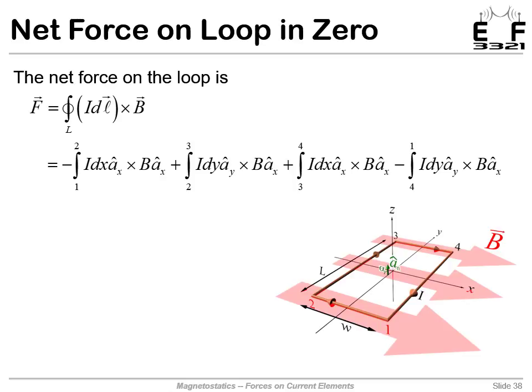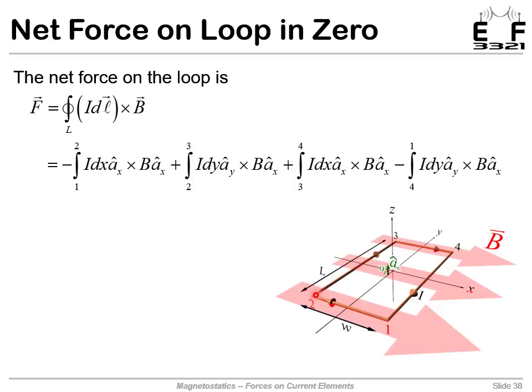So first we're integrating from 1 to 2. That is in the negative x direction. So we have a negative, and it's in the x direction, so our I dL becomes I dx ax. And then the B field is always in the positive x direction. So every mention of the B field is B ax, B ax, B ax, B ax.